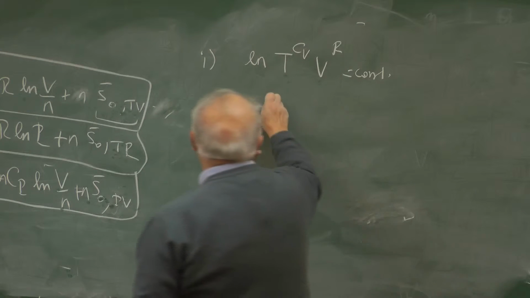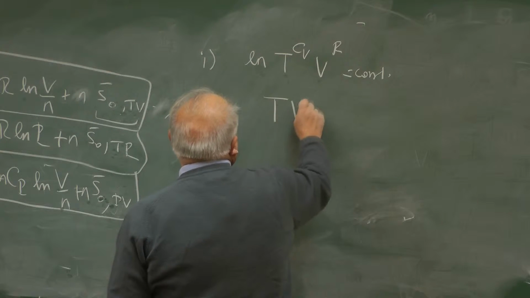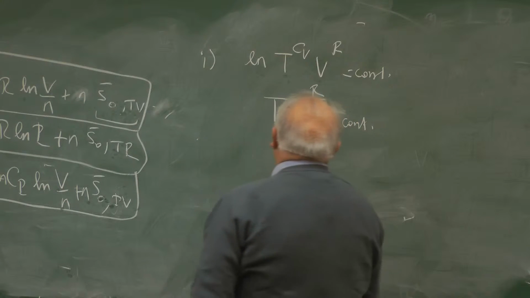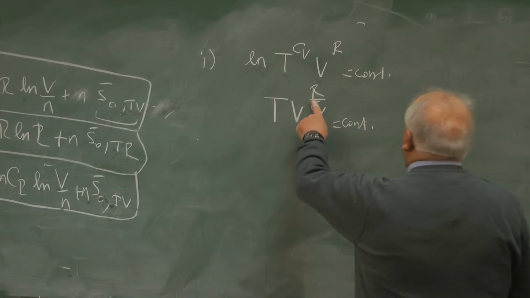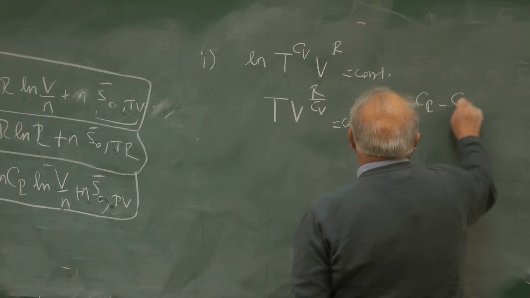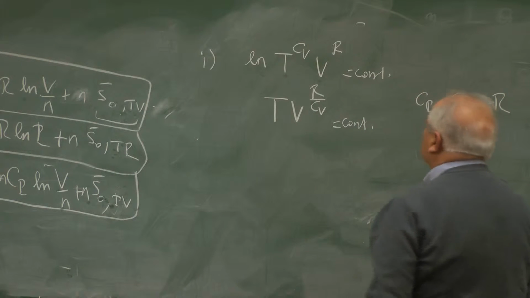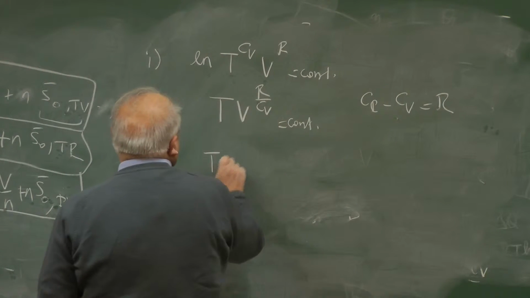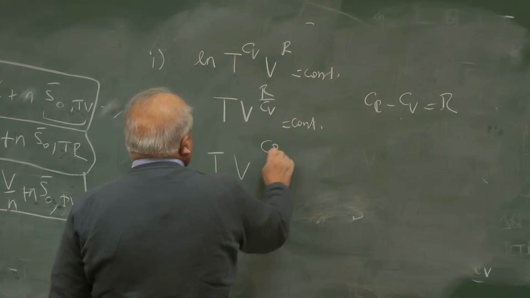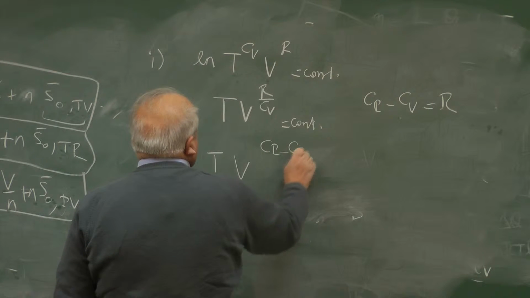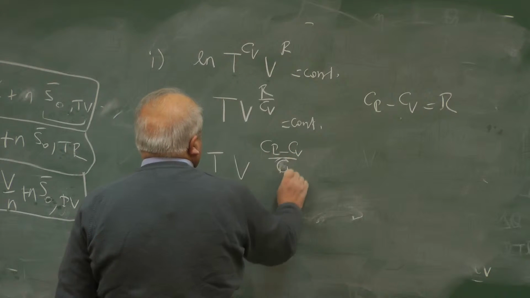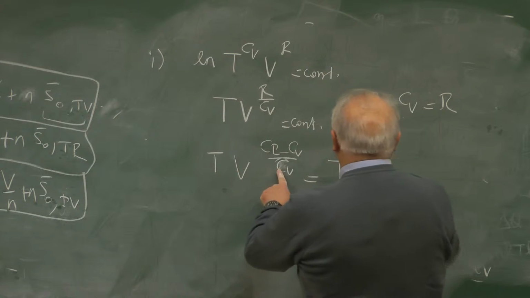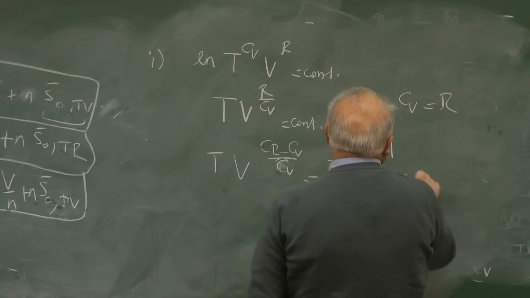Or if I can write it like this, T V R over CV is equal to a constant. And what is R? CP minus CV is equal to R. So instead of R, I can put that thing in. So it is T V CP minus CV over CV, which I will write as T V, CP over CV is gamma, minus 1. That's equal to a constant.